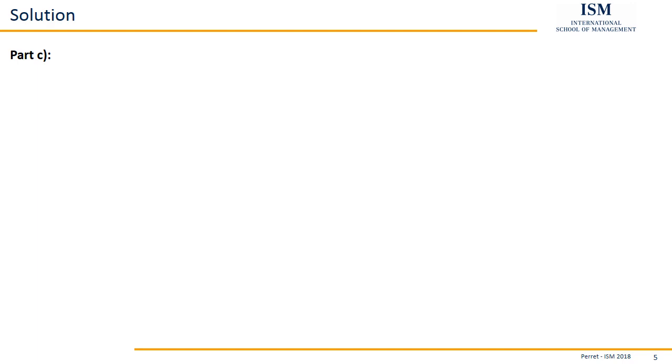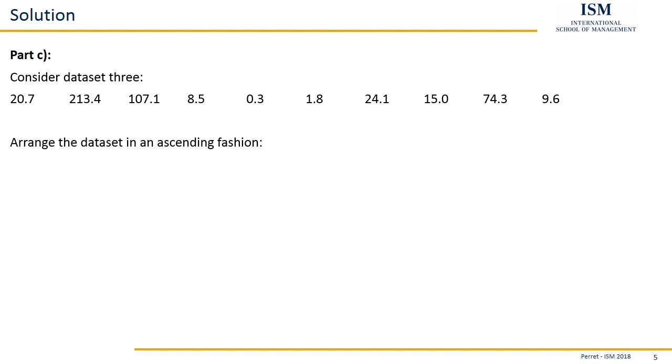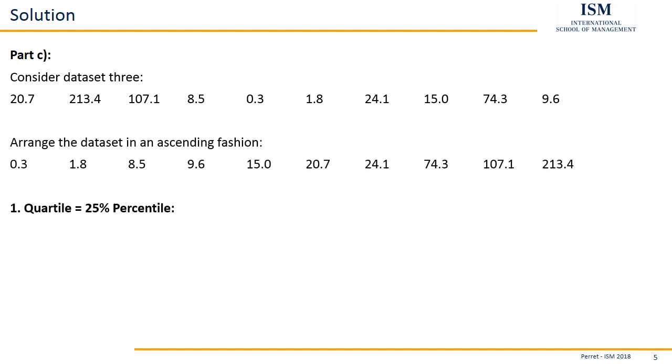Then we get to the third part. Again, we arrange the data set in an ascending fashion and start with the first quartile. We have again 10 observations, so we multiply 25% with 10, get 2.5, rounded up this gets us 3, so at the third position we have 8.5, so 8.5 is the first quartile.